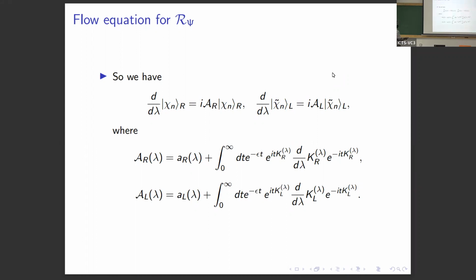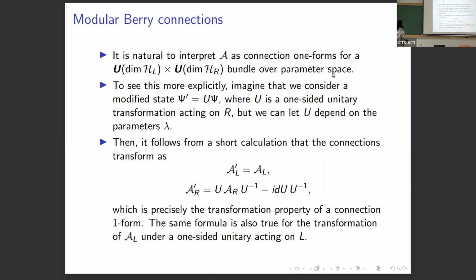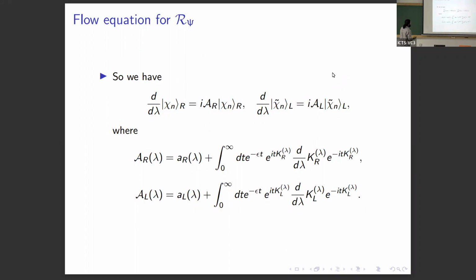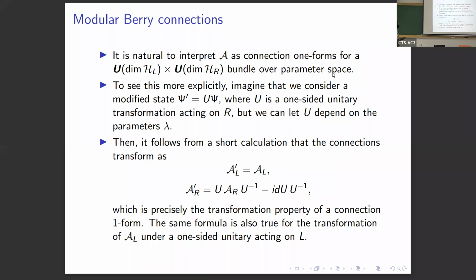And written in this form, you can start to think about what these curly A's are. You can think of these curly A's as defining a connection on a bundle of this type, U dim H left times U dim H right.